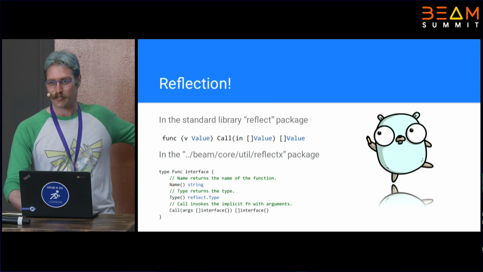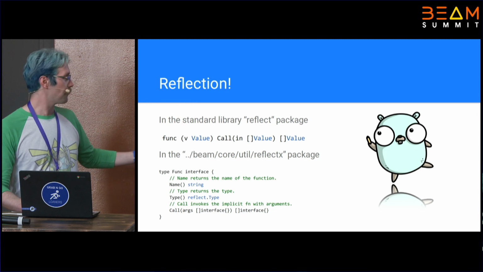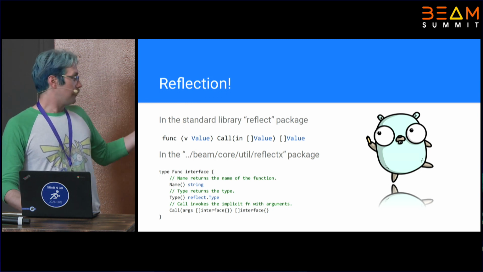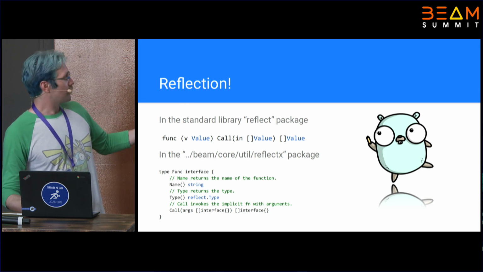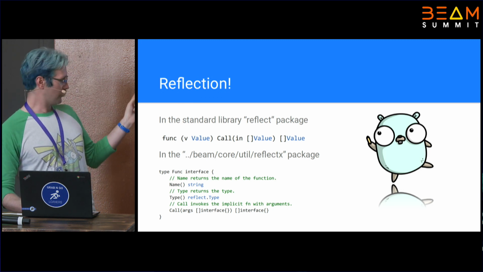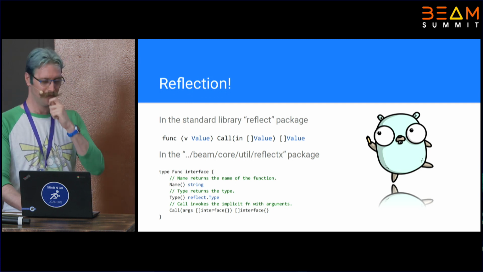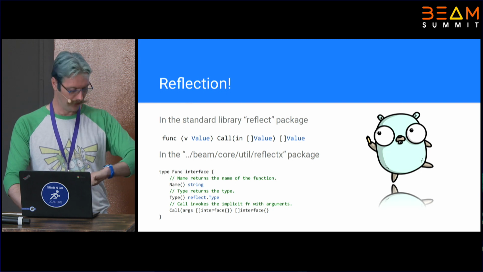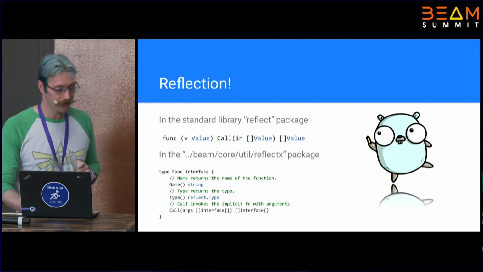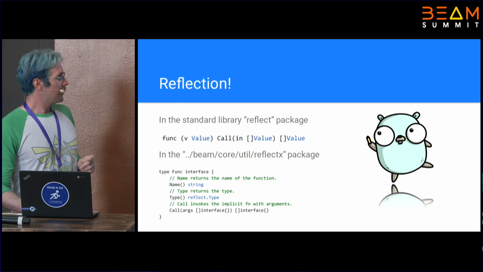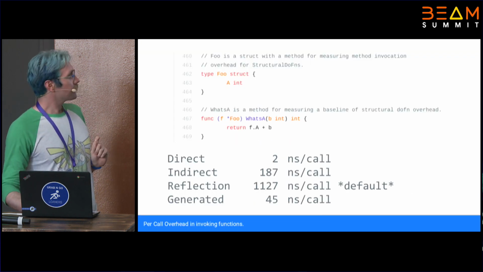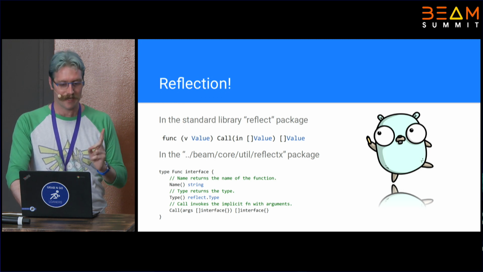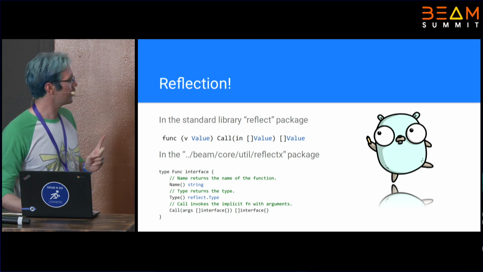We have some way of referring to the function, the name, for debugging purposes, the actual type signature of the function, and a very similar interface to the Call function from reflect, except it uses the empty interface values of Go. This allows us to use type assertion instead, which I will explain in a second.